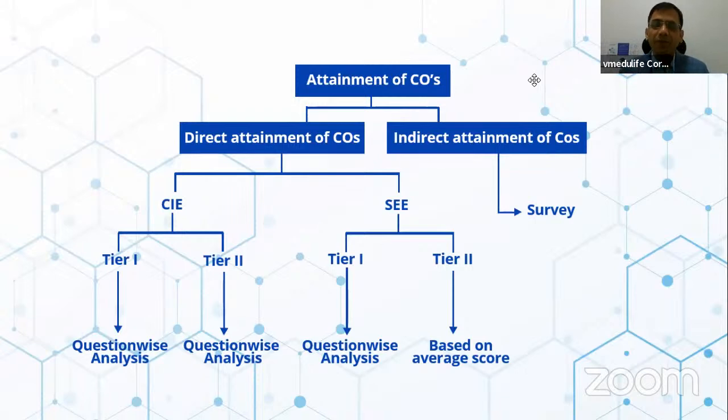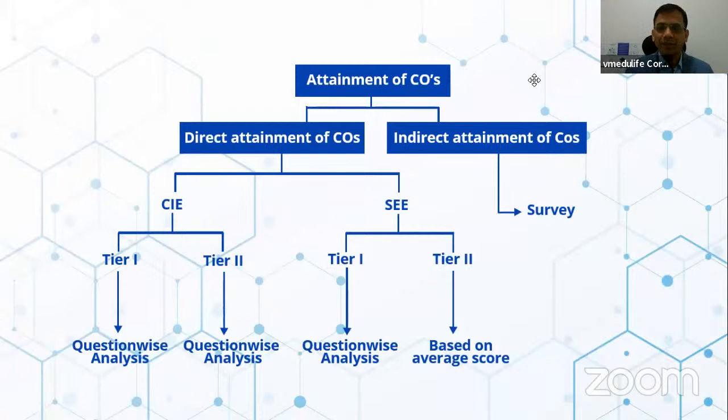So here we need to follow the analysis based on the average score or the final marks obtained by the student. While in case of an autonomous institute, if they have access to the answer sheets of the students, they need to perform the question wise analysis even for the semester end examinations. This is very important. And in case of internal examinations, for both tier 1 and tier 2, it is mandatory to perform the question wise analysis irrespective of the examination.